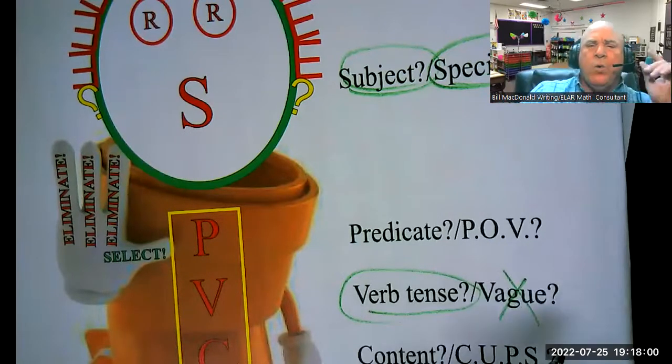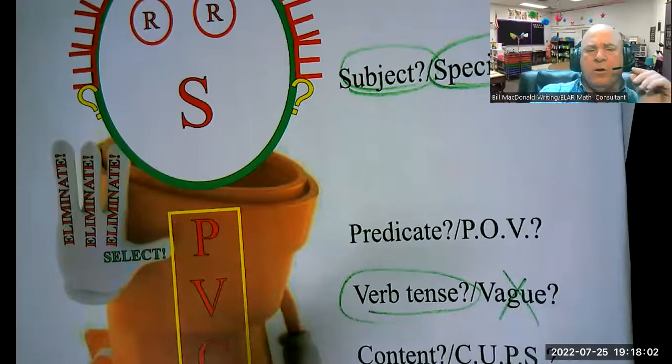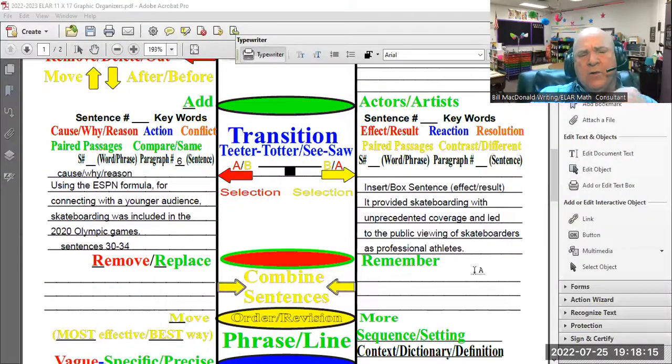So one more thing I want to do for some of you who are wanting to practice the teeter-totter compare-contrast relationship. If you look at this right here, using the bottom half, the arm half, here we have transition, and if you look closely, every teeter has a transition to a totter.